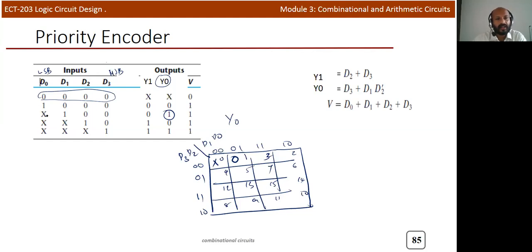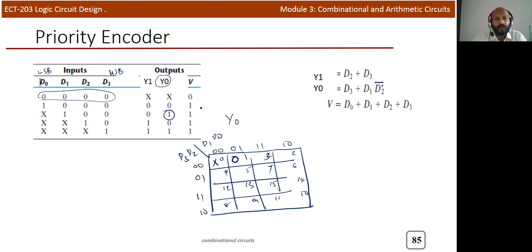For both cases we are getting 1. In a similar way, if you complete the K-map, finally we will get an equation which is equal to D3 plus D1 D2 complement. So Y0 is D3 plus D1 D2 the whole complement.